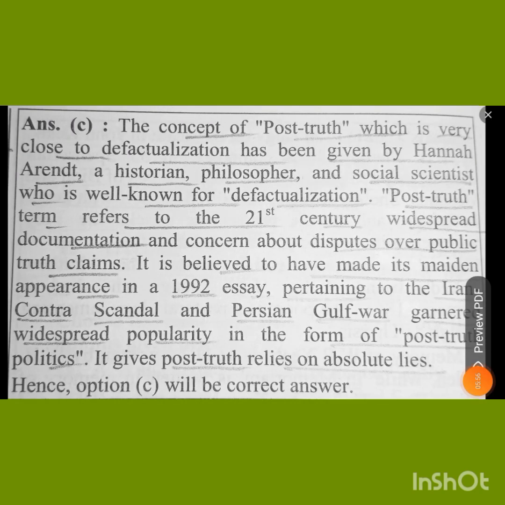Something about this. The concept of post-truth, which is very close to defactualization, has been given by Hannah Arendt, a historian, philosopher, and social scientist who is well known for defactualization. The post-truth term refers to the 21st century's widespread documentation and concern about disputes over public truth claims.